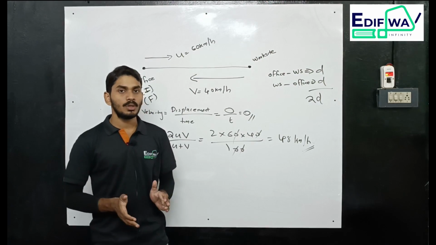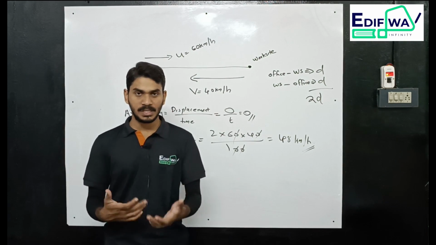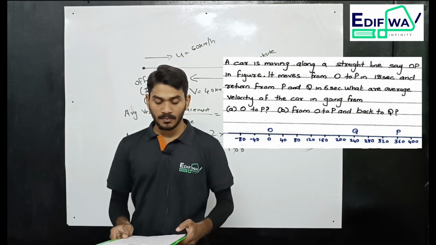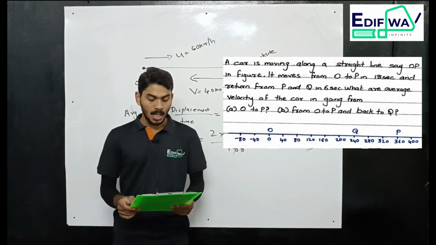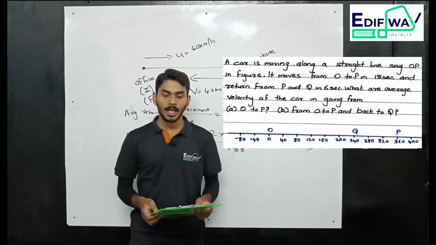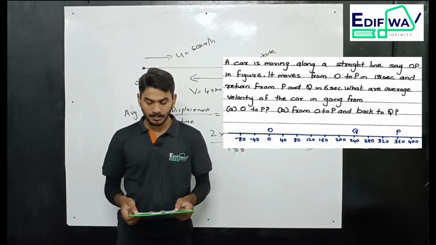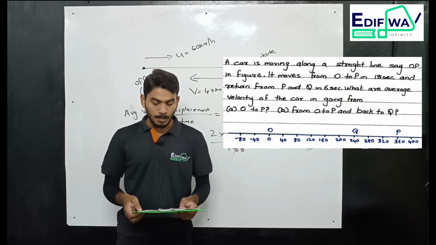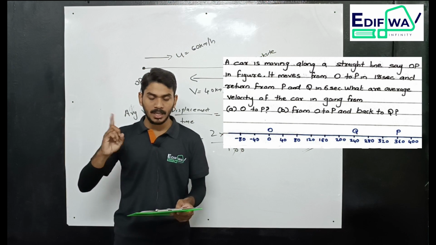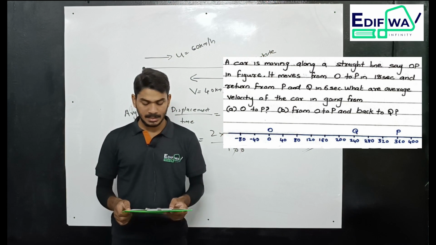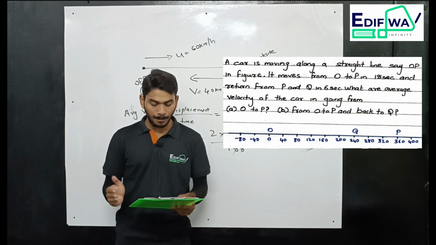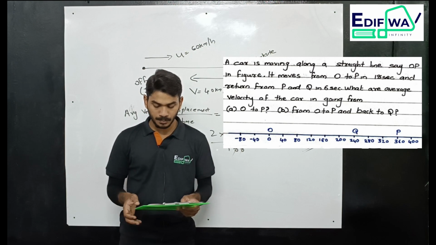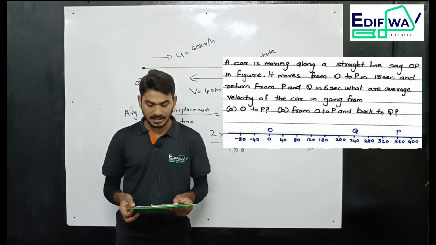Now let's read the last and final question of this lecture. Question number 5. A car is moving along a straight line, say OP in the figure. It moves from O to P in 18 seconds and returns from P to Q in 6 seconds.